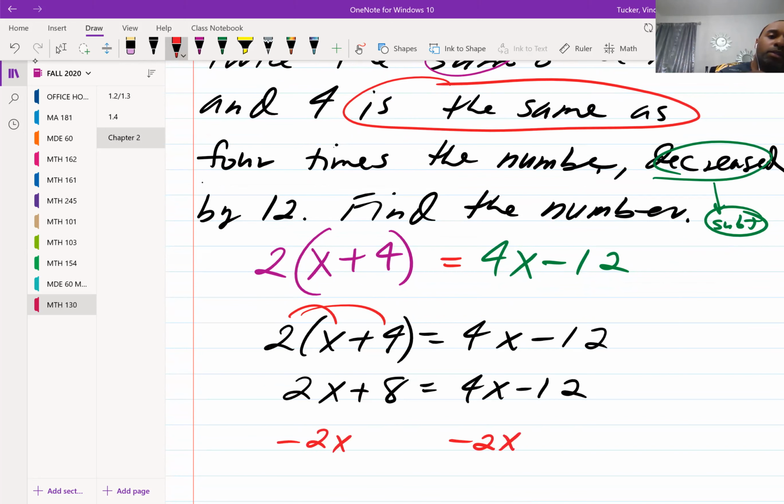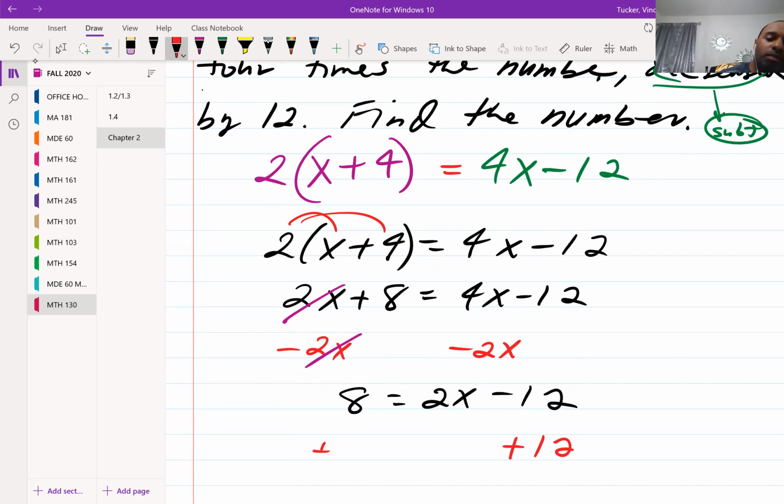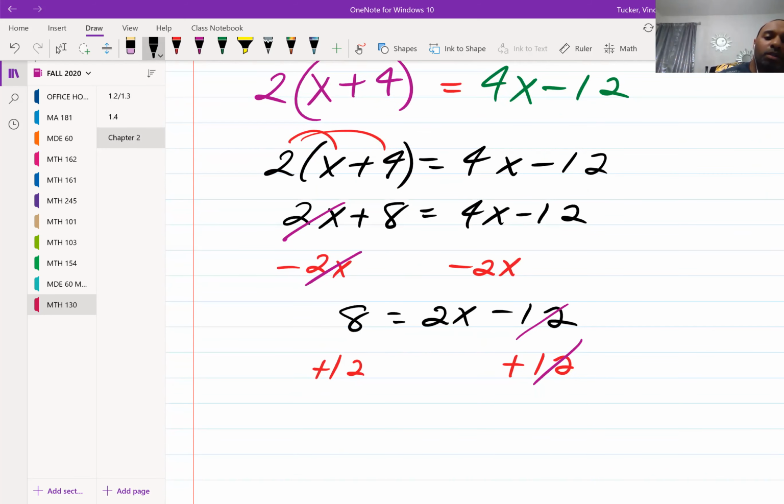Subtract 2x. Eight is equal to 2x minus 12, because we have 4x minus 2x on the right. Now we'll add 12. Twelves cancel. That's 20 equal to 2x.